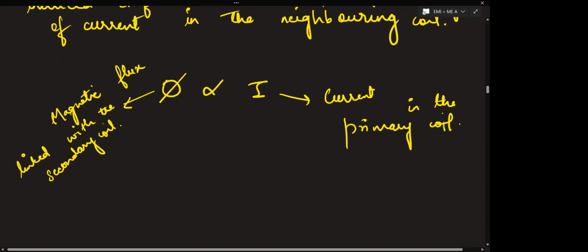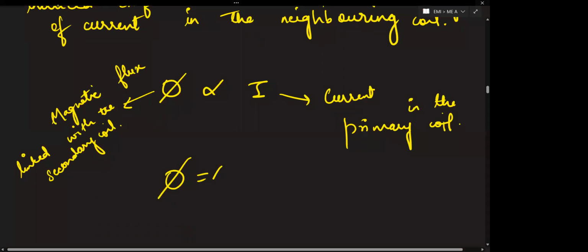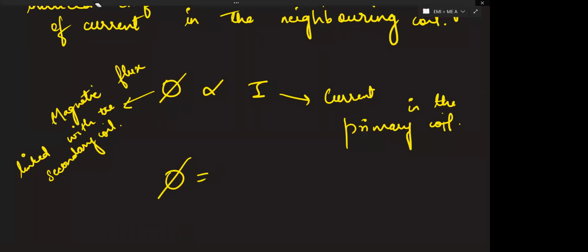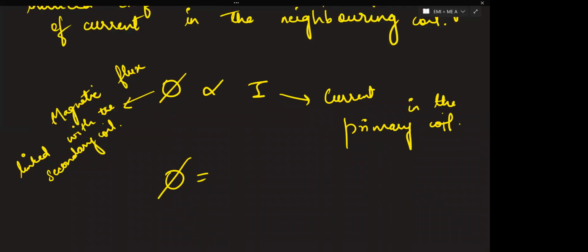So here also we'll put a constant and an equal to sign to form an equation. Class, what will happen? Instead of L, which was self-inductance, we'll have mutual inductance.